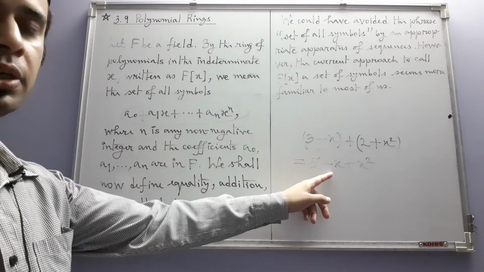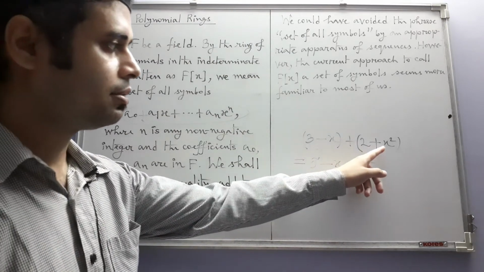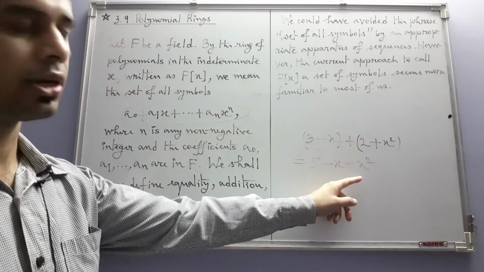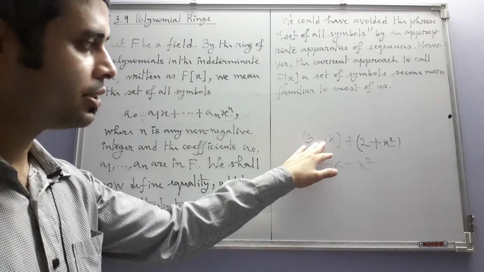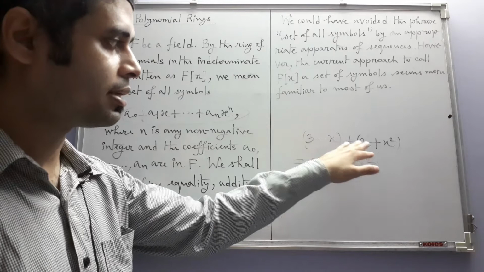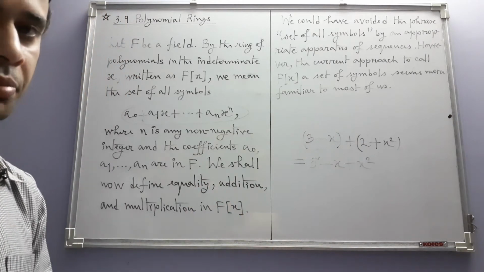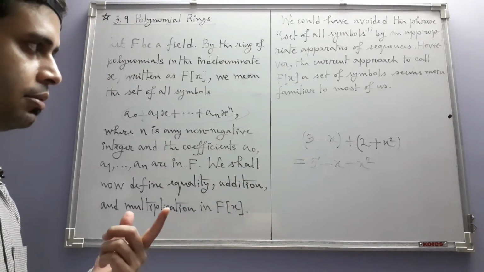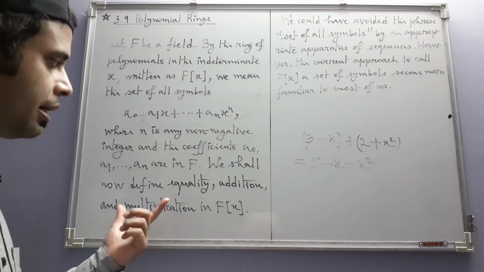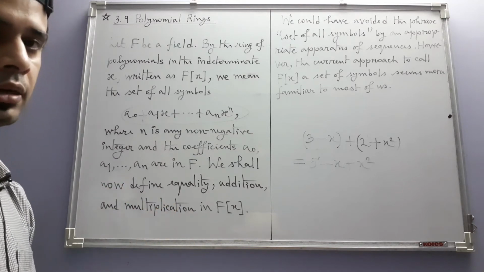With that we have written minus x and we have added x square. And here again we are treating these symbols, this minus, plus, etc. as ordinary operations. But that is not how we are approaching the thing right now.